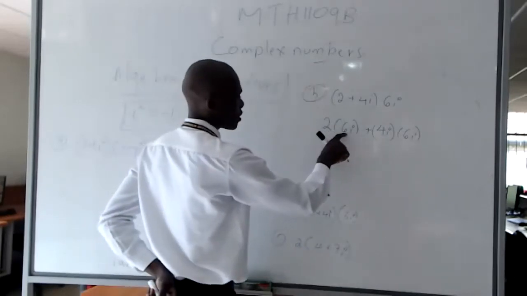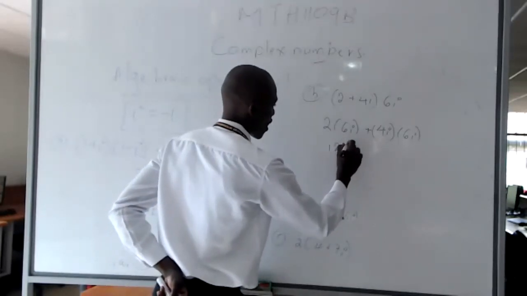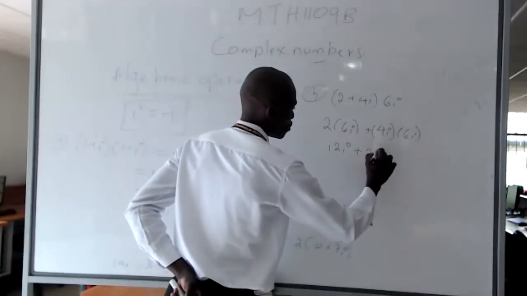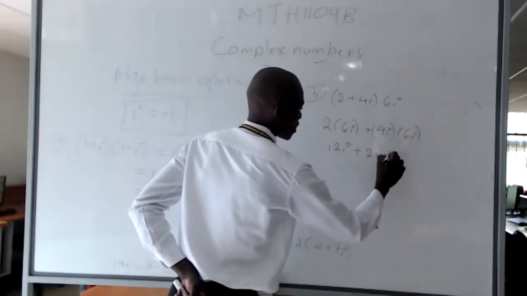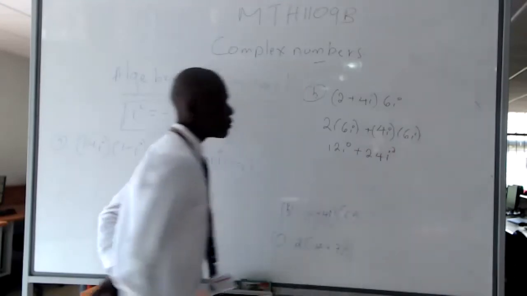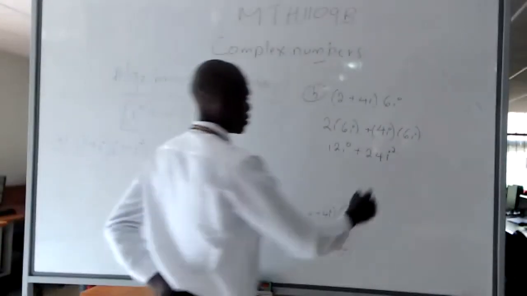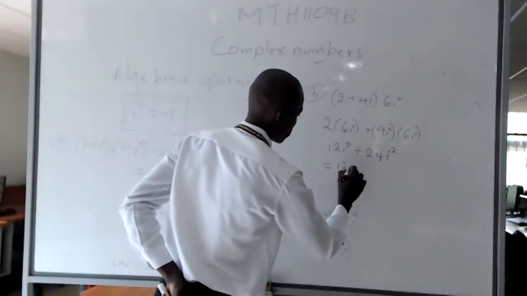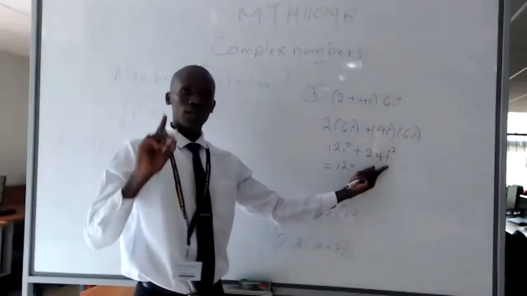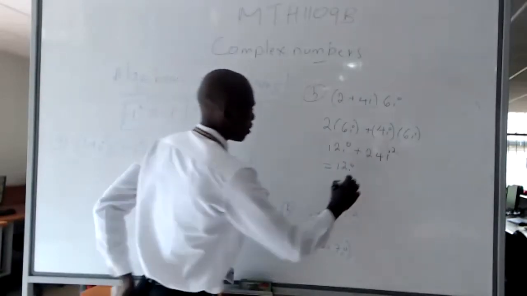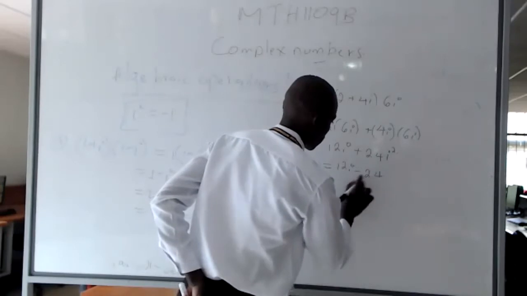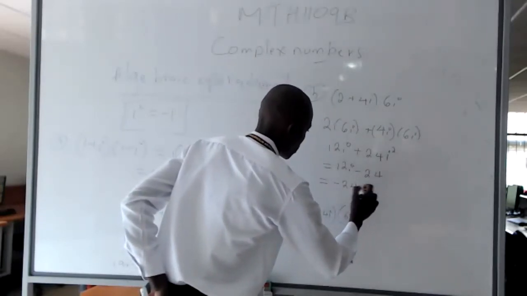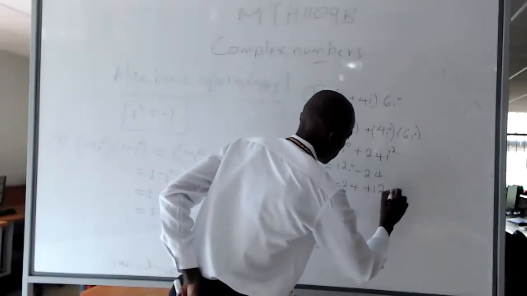What is 2 times 6? That's 12, so this is 12i plus 4 times 6, that gives you 24, i times i gives you i squared. Then you know that i squared is -1, so that is going to be minus 24. Therefore, the final answer is -24 plus 12i.